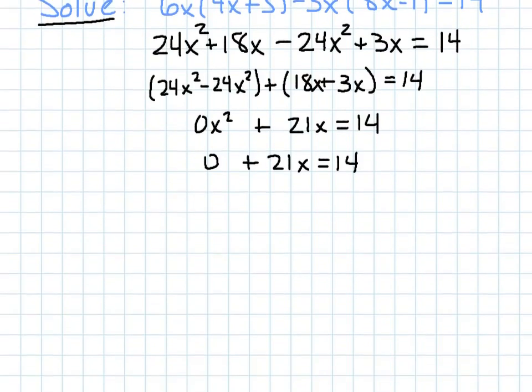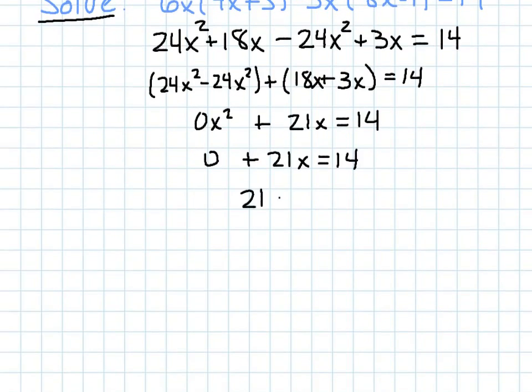And 0 plus 21x is just going to be 21x. Now if you understood that this was 0 up here, you can go straight to this step. You don't need to show that, but I'm just showing you that that's what happens with those values: you get 0x squared, and 0 times x squared is 0, which 0 plus anything is whatever you had before. So the 0 just disappears.